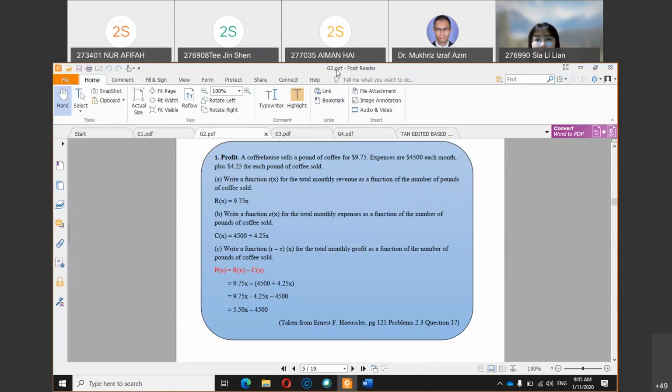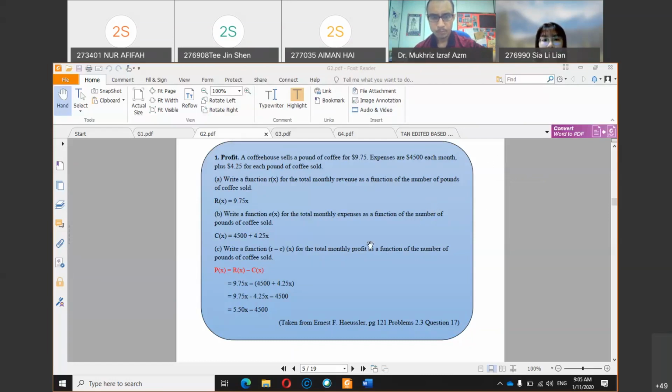The fixed cost every month is 4,500 ringgit, added to the variable cost, which is 4.25 ringgit multiplied by x units.